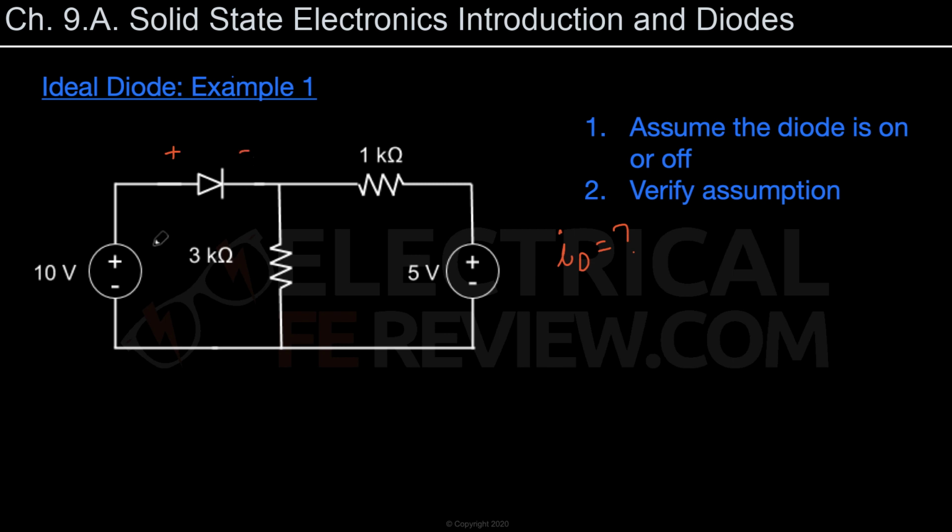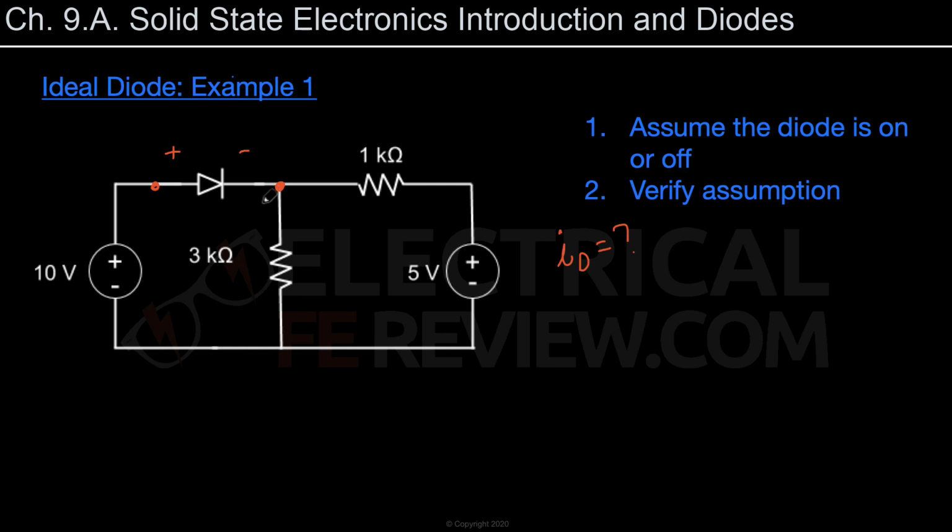Well, we have this 10 volt voltage supply, which means that this side is going to have 10 volts. And on this side, we have a 5 volt voltage supply, which means that this side is going to be either 5 volts or less. So we can already tell that this is probably going to be in forward bias.